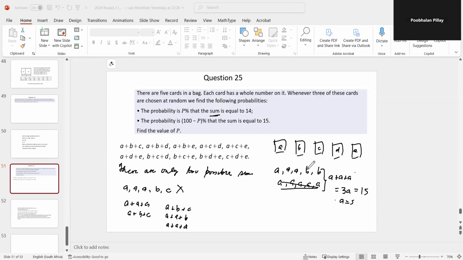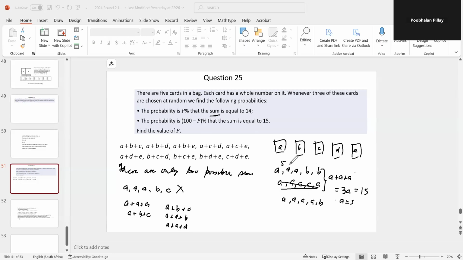So you have 2 B's or no B's, but you could have 1 B. All right, so no B's is out. Now what about 2 B's? Now we said that A will have to be 5.